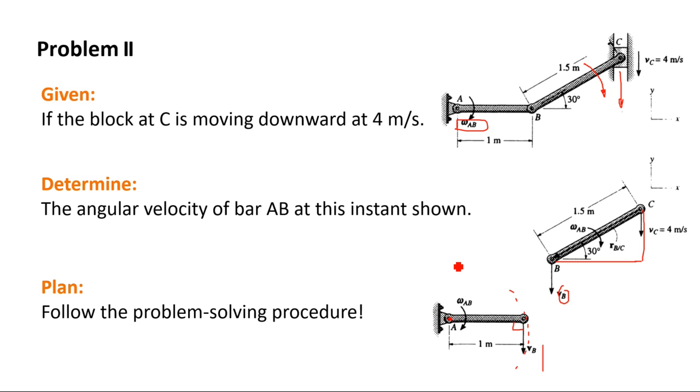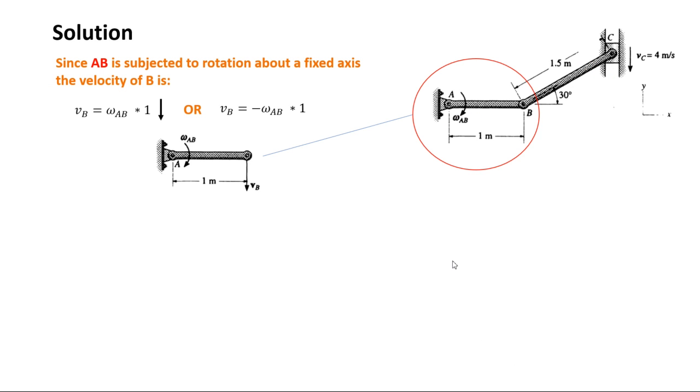First we find the relation between omega AB and the velocity B by taking the first link and writing down the equation for it.